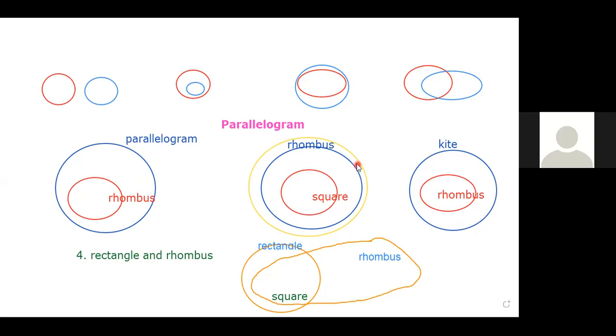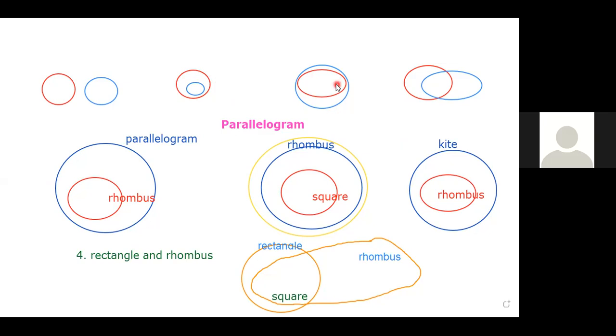But rectangle and rhombus, they are not like these two. Think about it. In a rectangle, the diagonals are equal, but they may not be perpendicular. In a rhombus, the diagonals are perpendicular. They may not be equal. So obviously these cases are not possible.